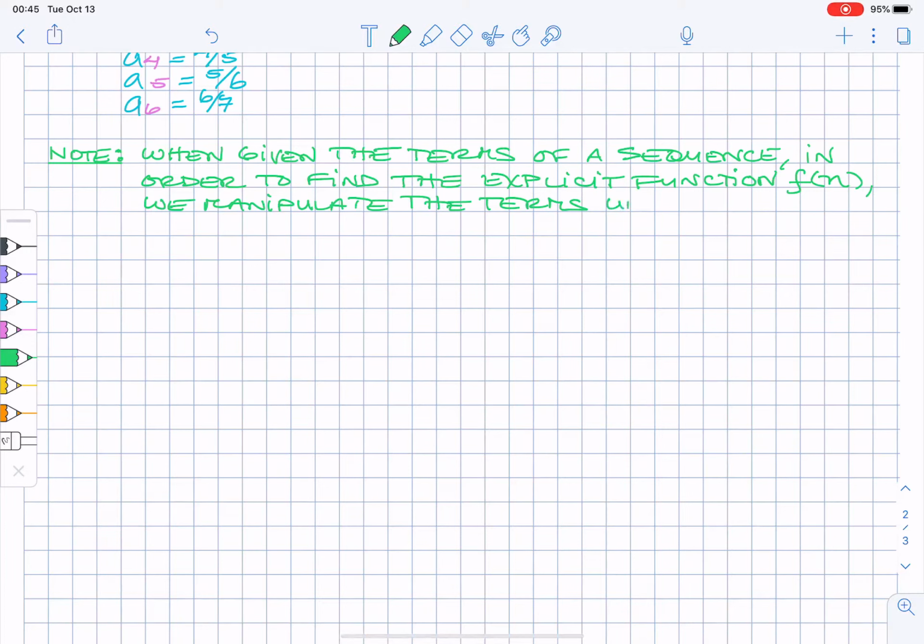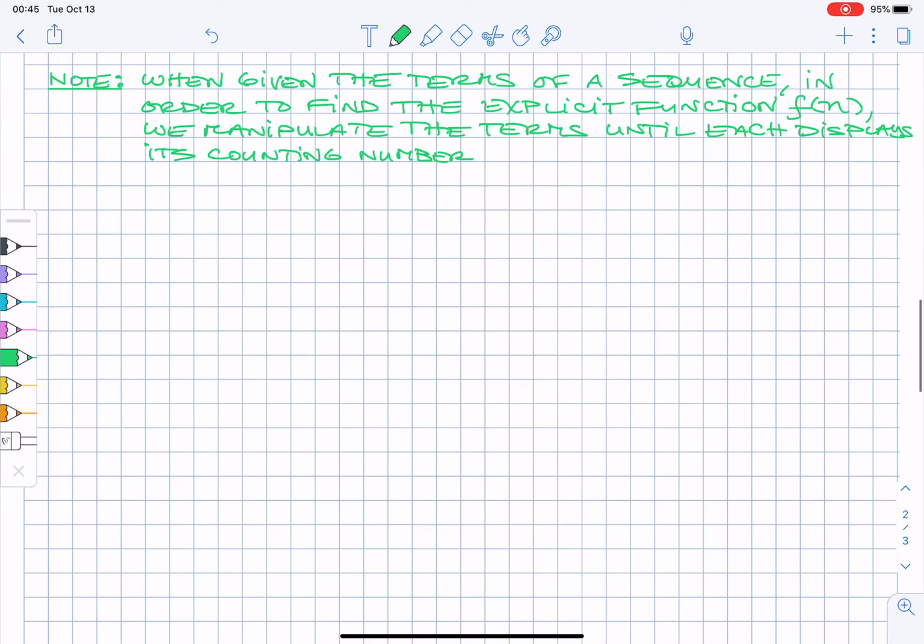until each displays its counting number. Okay, so what do I mean by this? This is something that's better done than said.